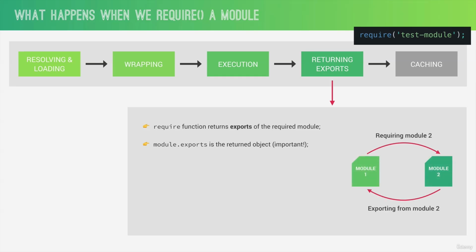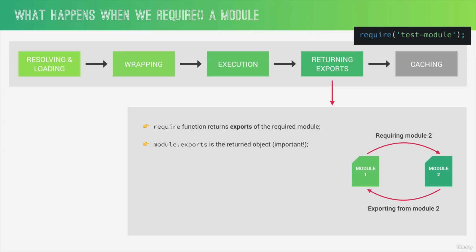So again, in each module we can export variables, which will in the end be returned by the require function. And we do that by assigning variables to module.exports or simply to exports, which is just a pointer to module.exports. We will do this in practice in the next video because I know this sounds kind of confusing when I just say it like this. Anyway, here is what you need to know about when to use module.exports or just exports.